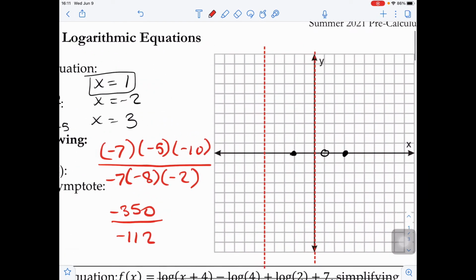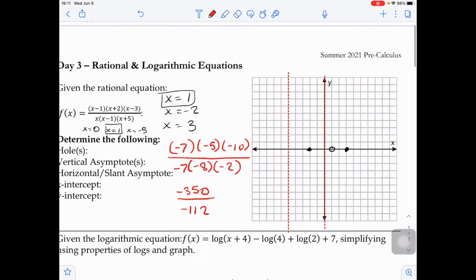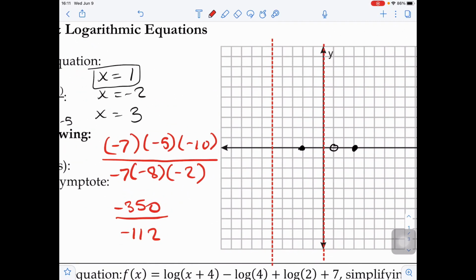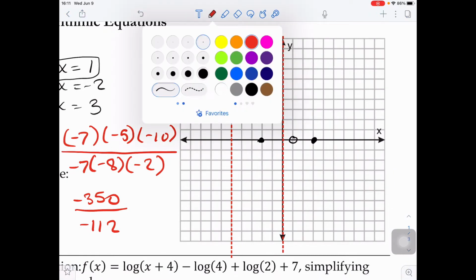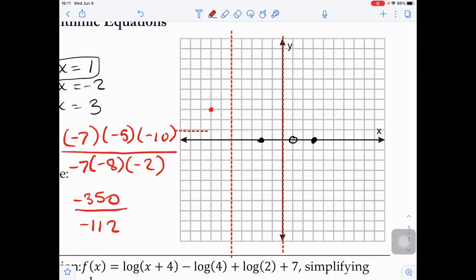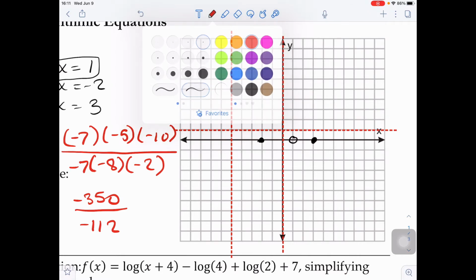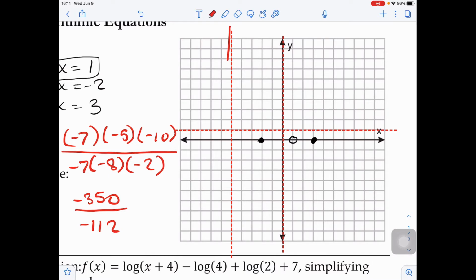So that means we know that at negative 7, right here, we would be at 3. And since we know that the asymptote is at y equals 1, it has to be going up.